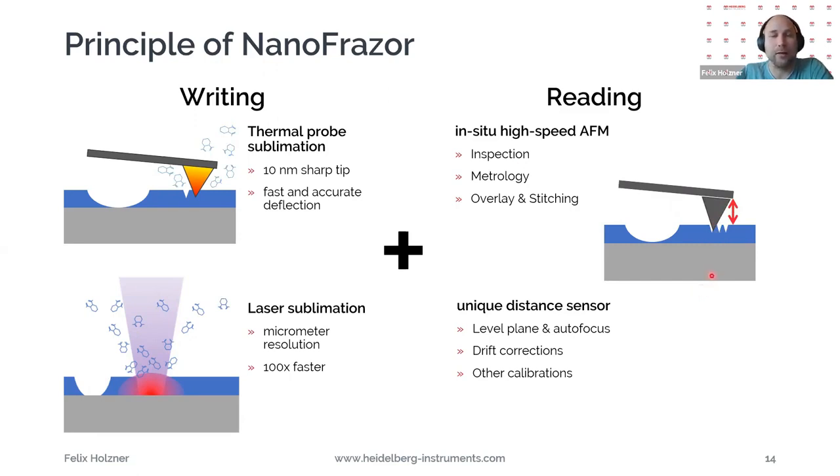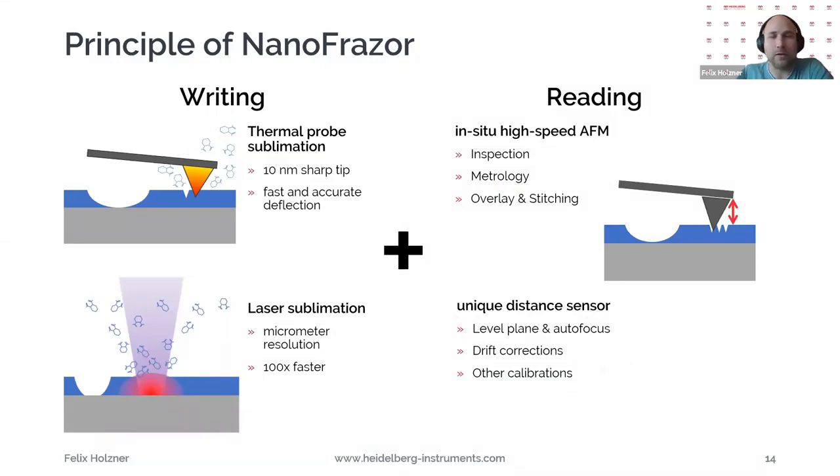I talk about that later. Combining this writing and reading, that's where the true power lies of the NanoFrazor technology. And maybe just to mention, we have this integrated distance sensor in the cantilever, and we use it not only for AFM imaging, but also to do a lot of corrections and calibrations.